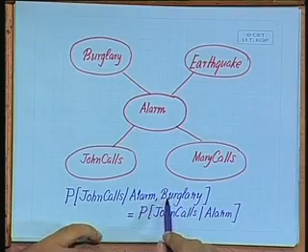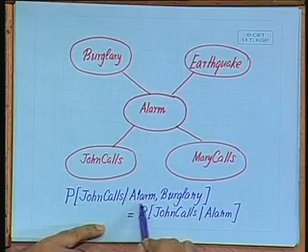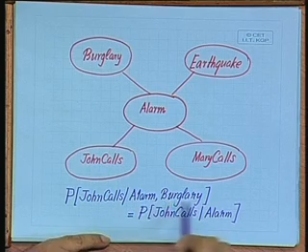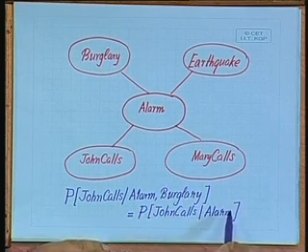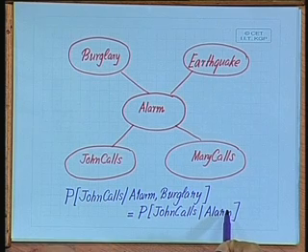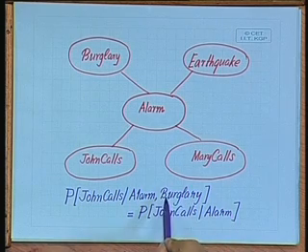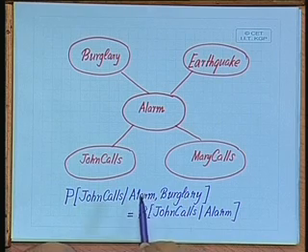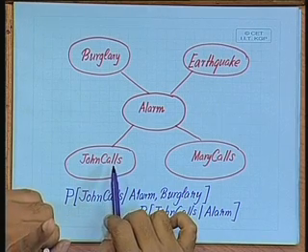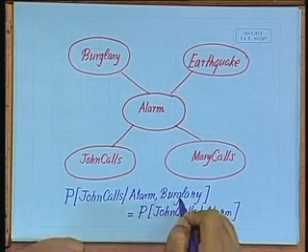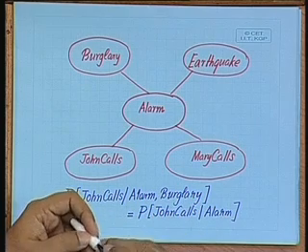Therefore, this is a scenario of conditional independence. It is the alarm that subsumes the burglary, and so you do not require the burglary anymore in the conditional probability. It is the fact that John calls when he hears the alarm that has prompted us to say that if alarm is known, then John calls is independent of burglary.